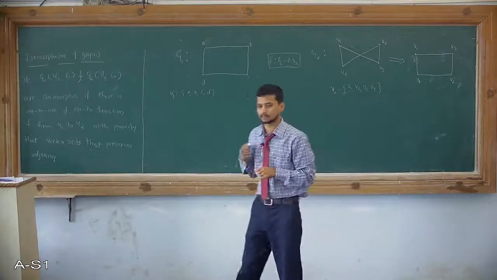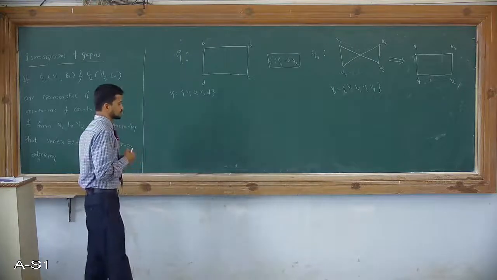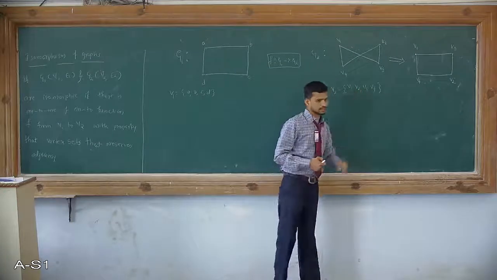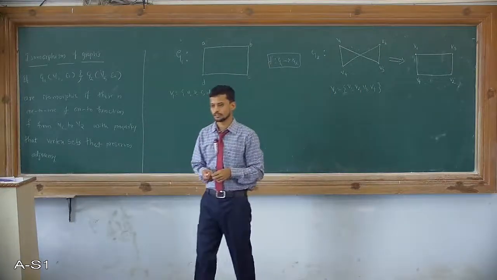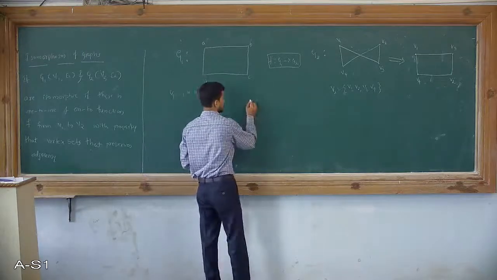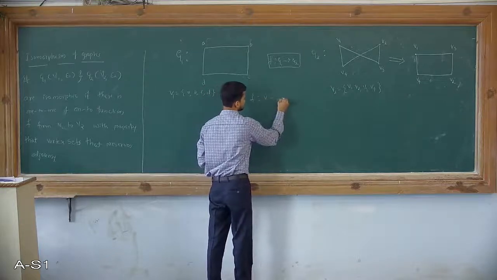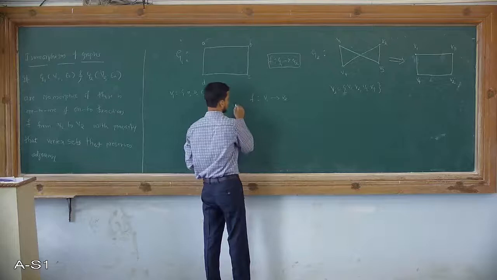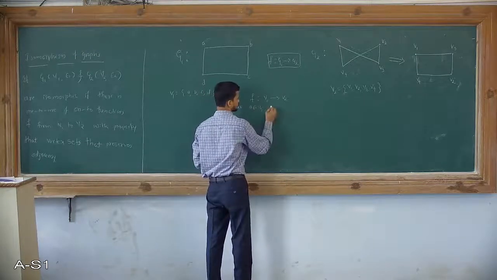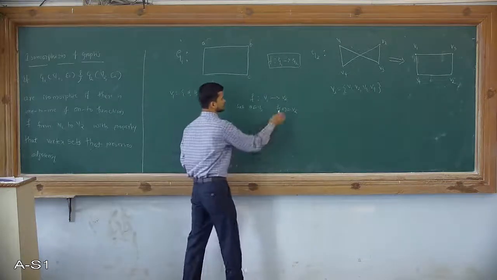But I have to develop a mathematical definition, meaning technically we need to prove it. Here A, B, C, D and V1, V2, V3 are the vertex sets. So now I will develop a function from V1 to V2. Let A belong to V1, so f of A belongs to V2, here V2 meaning the capital V2 vertex set.